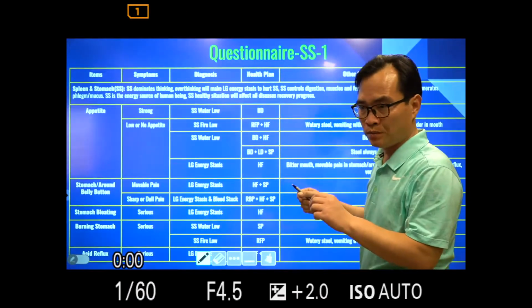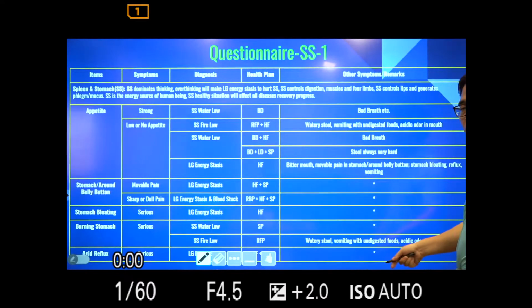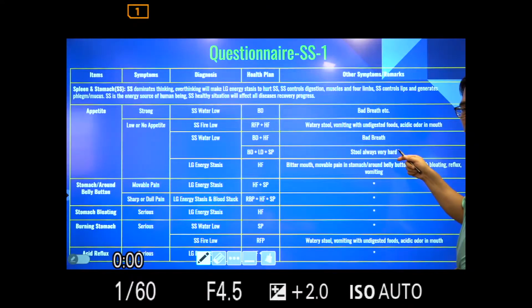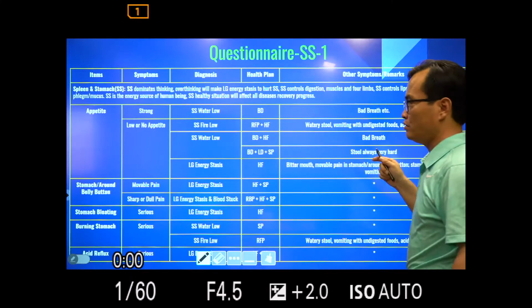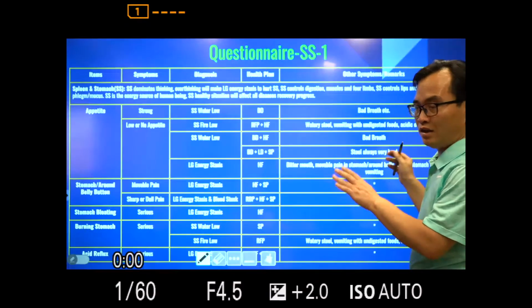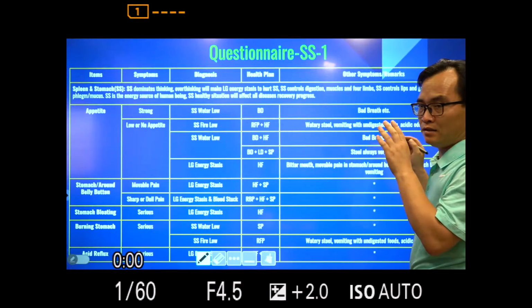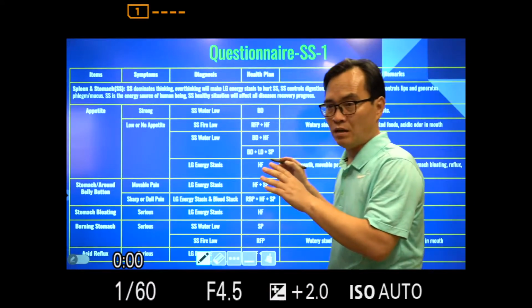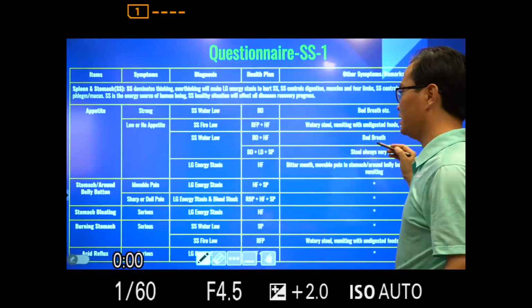If you want to confirm, you need to combine them with the symptoms here. So this is how to read the table. It is very simple and very clear, and it tells you how to combine the formulas for the problems people have. But you have to know how to read it.